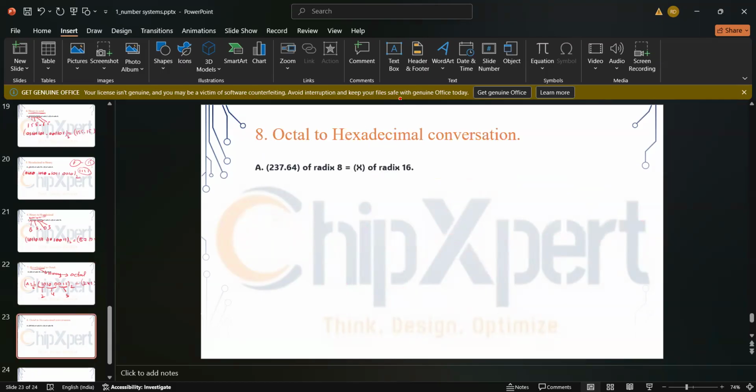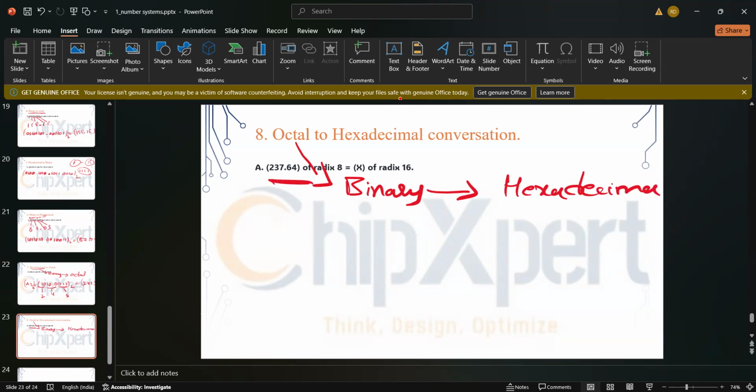And the next conversion is octal to hexadecimal conversion. How am I going to convert? I will convert this octal number into binary format, and this binary number is converted into hexadecimal format. So what was my given number here? 237.64 of your octal number. I'll write 3 bits for each.